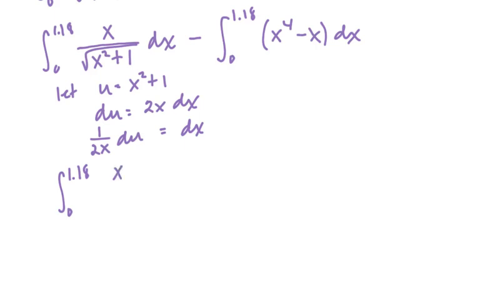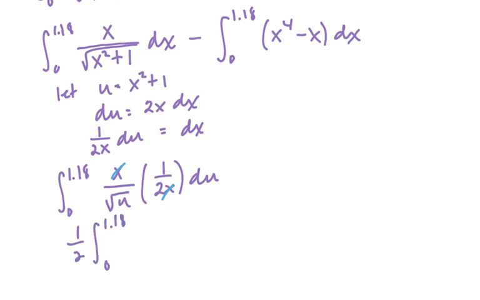And we have x over the square root of u, and then we have 1 over 2x du. All of that goes in place of dx. Now, very nicely here, we'll see that these x's cancel out. Well, that's very exciting, not multivariable calculus. So we have 1/2 times the integration from 0 to 1.18. Remember, that's with respect to x.